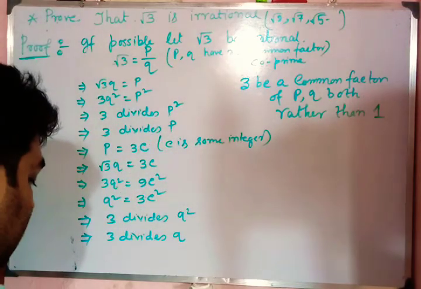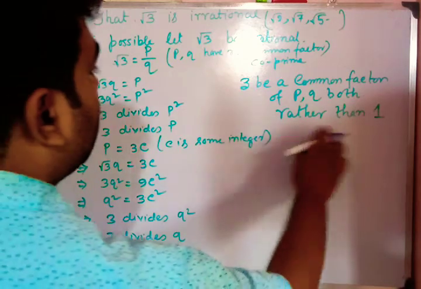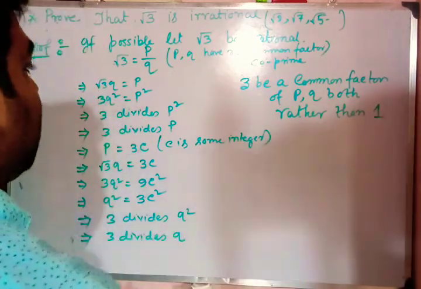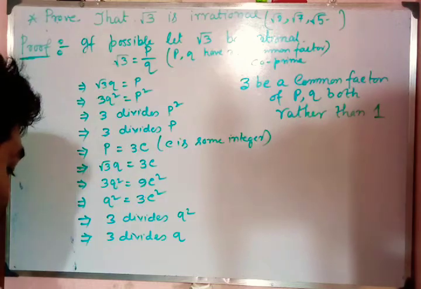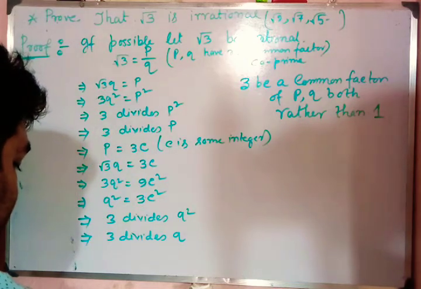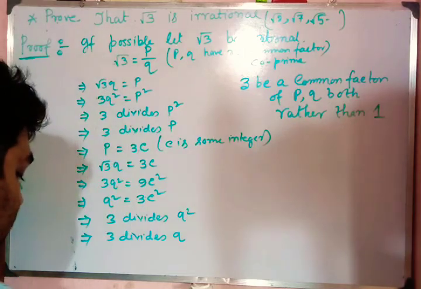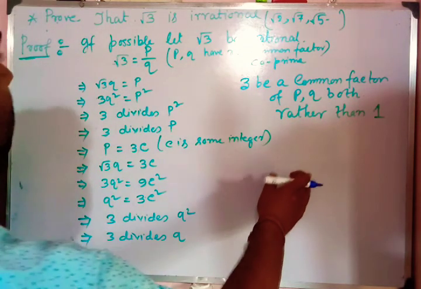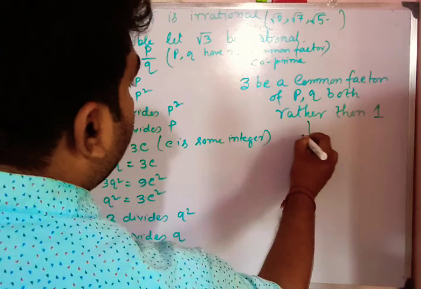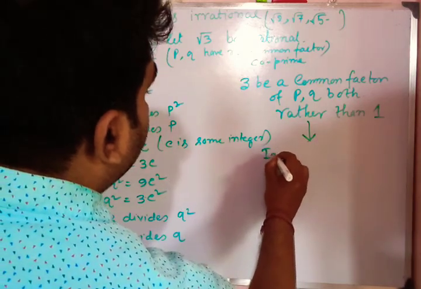So that contradicts, that is, the contradiction occurs. So that means we can say that this contradiction has arisen because of our incorrect assumption.